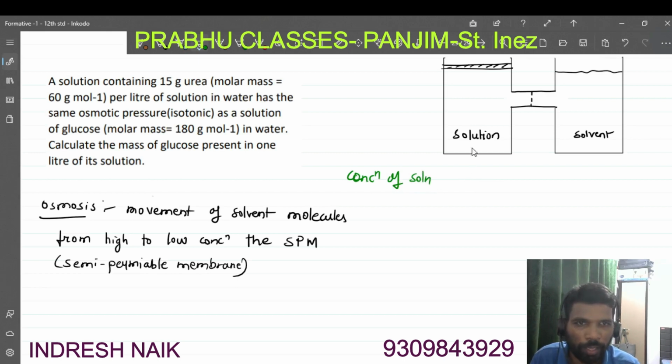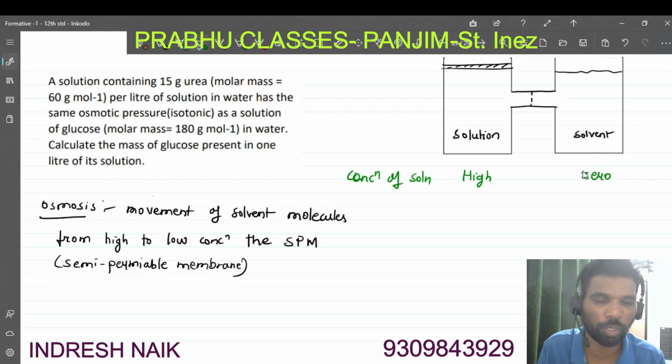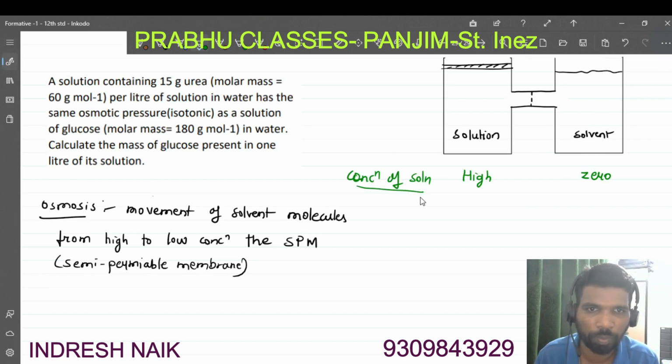Where it is high, since it is a solution, here it is high, and the concentration of the solution is zero in the case of the solvent. Why? Because there is no solute. So I am asking how much solute is present. Here it is high, here it is zero.